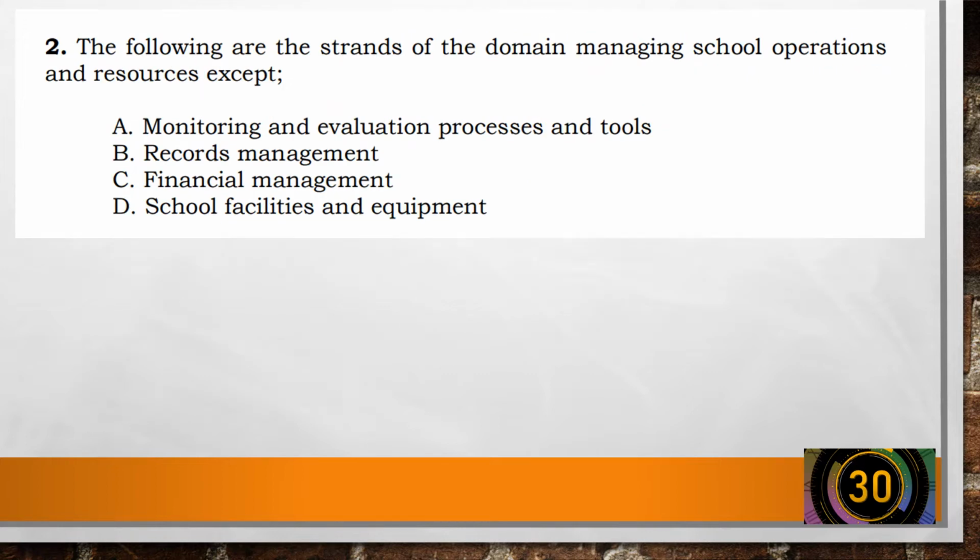Question number 2. The following are the strands of the domain managing school operations and resources, except letter A, monitoring and evaluation processes and tools, B, records management, C, financial management, and D, school facilities and equipment. Your time starts now.